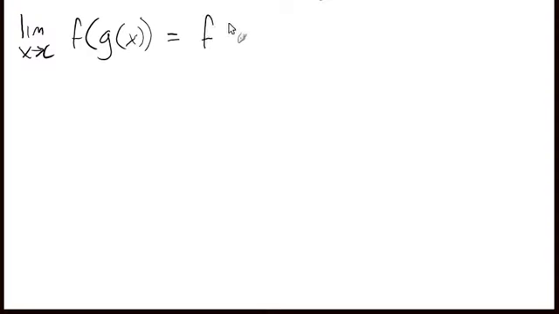Now, theorem 1.5, the limit as x approaches c of f of g of x. So remember, this is what we call a composition of functions. We say that this is f of the limit as x approaches c of g of x.